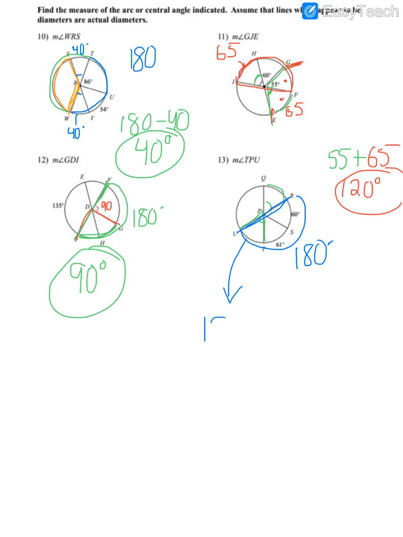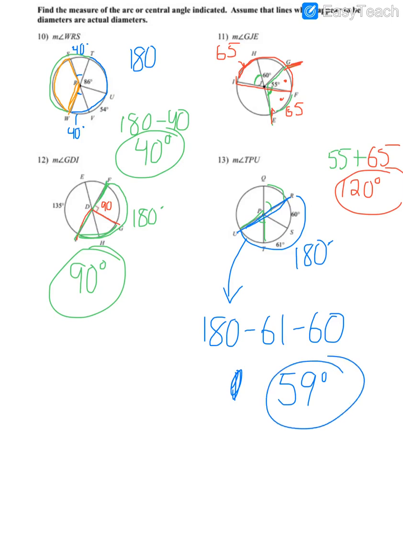So we just have to do 180 minus 61 minus 60, which I believe is 19. Let's just double check. Minus 60 minus 61. Oh, 59. Sorry about that. I'm like going crazy here. There we go. So 59 degrees for that one.